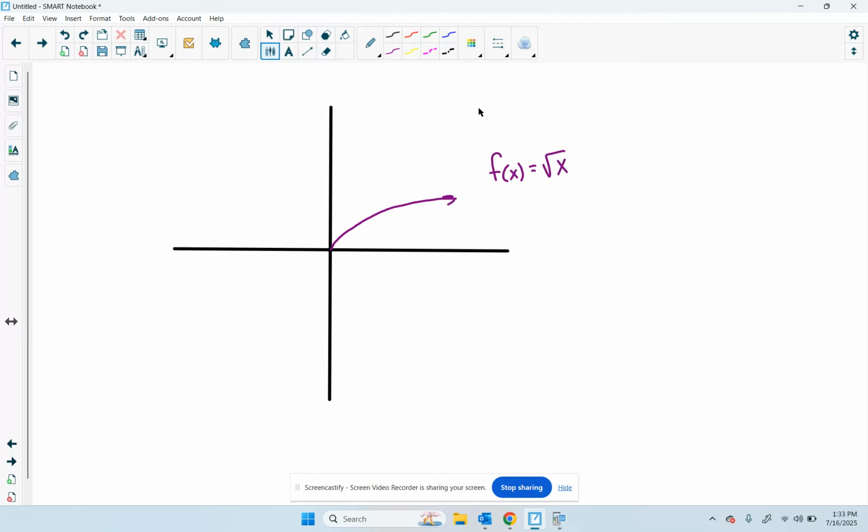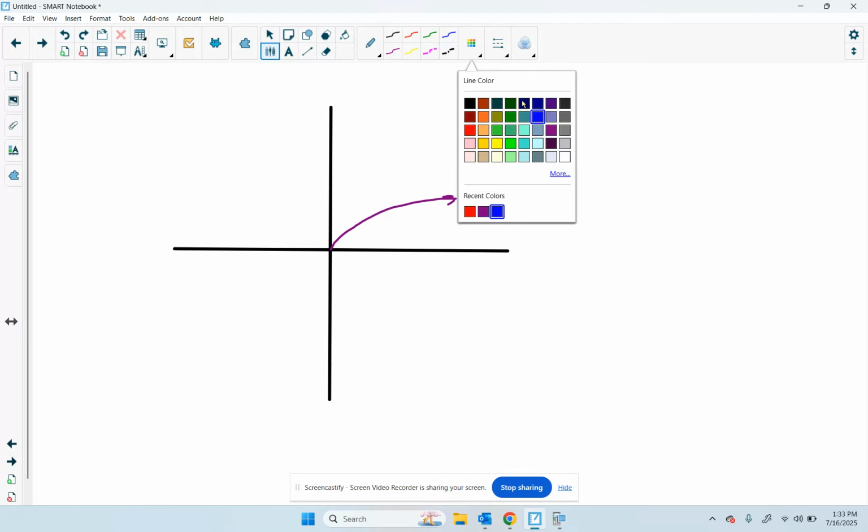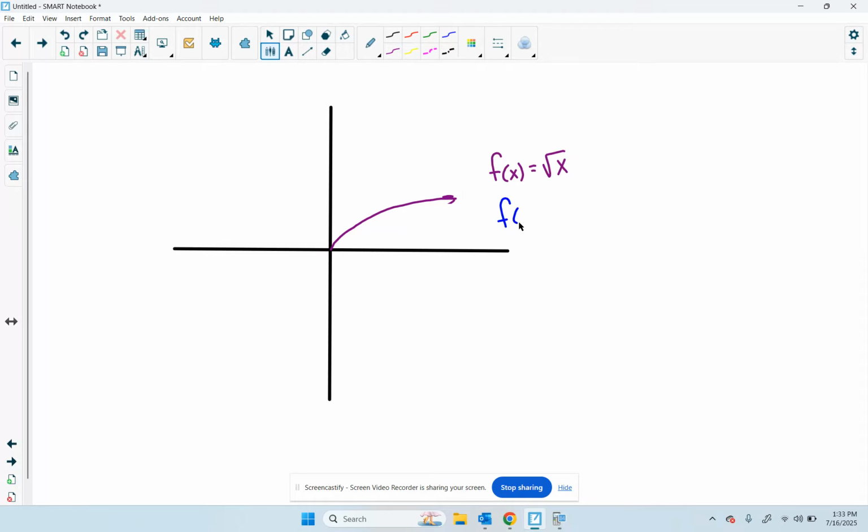If I apply a negative to the outside, let me change the name, g of x equals negative square root of x, well, that would take all the y values and make them negative, so the result would be this. It would be a vertical flip.